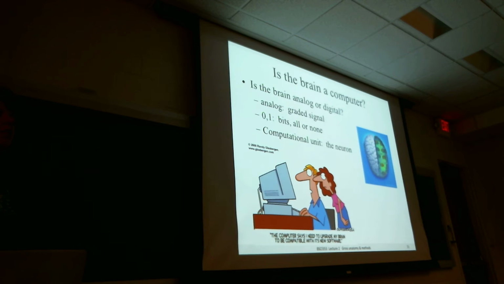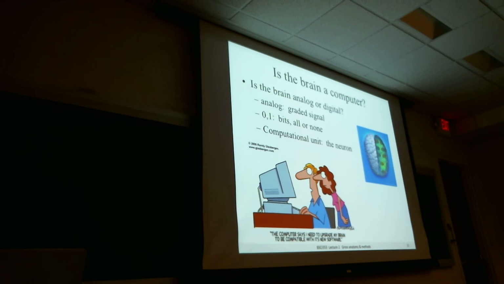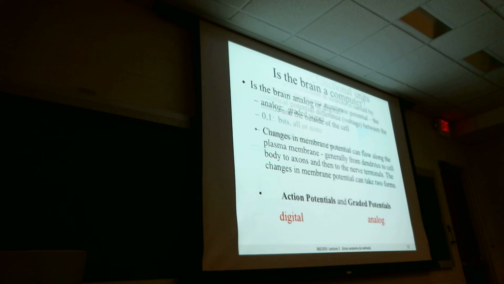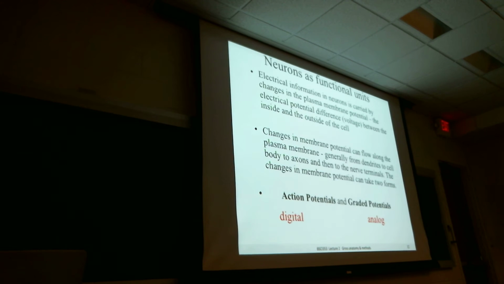And one of the advantages of using digital is it gives you a clean signal. It's either there or it's not. And so it gives you a very nice way to signal information. And then of course you can combine bits to create basically any kind of information. And the way that we're going to talk about this is as a computational unit at the level of the neuron.